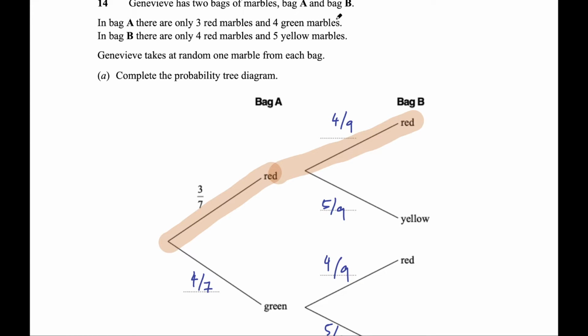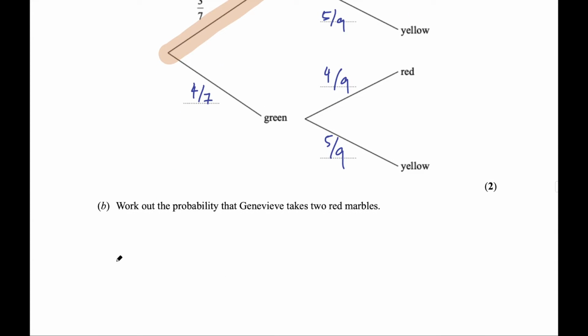Now once you've highlighted that branch in the probability tree diagram, what you want to do is multiply the probabilities along that branch. So 3 over 7 multiplied by 4 over 9 is going to be your probability for 2 red marbles.